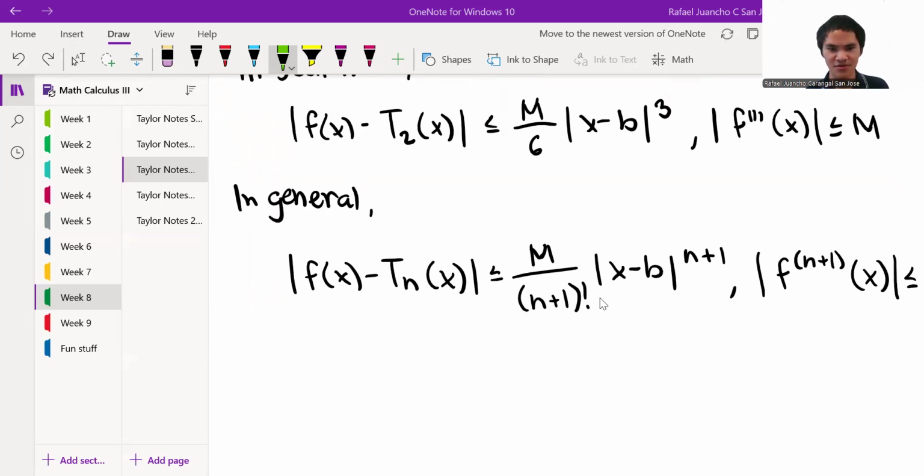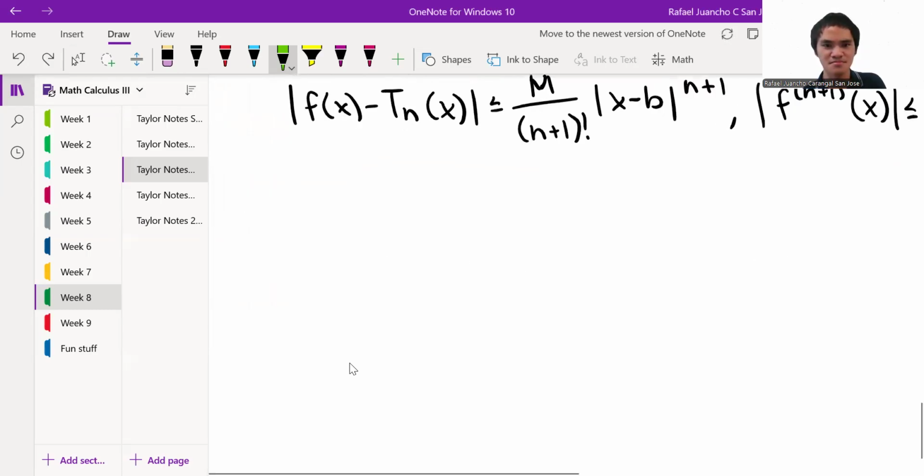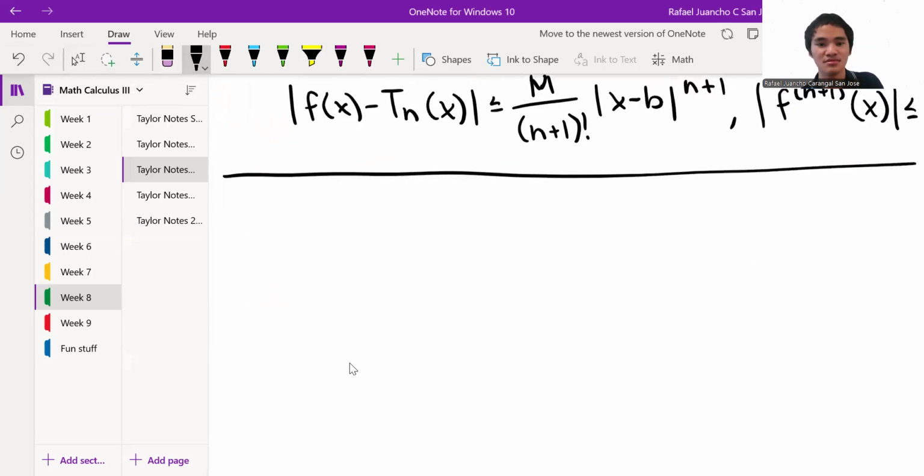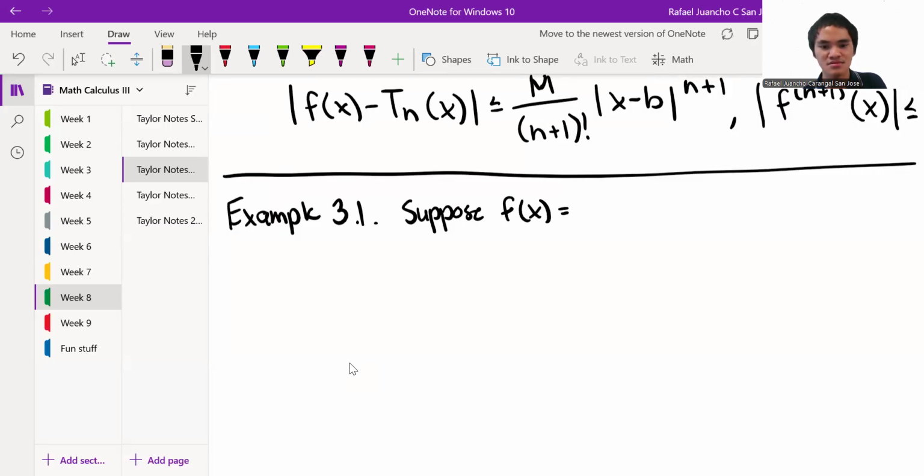Okay, so let me do an example. No, I chose green. What the? So here's our example. Suppose f of x is equal to 1 over 1 minus x. Right? So that's our function.